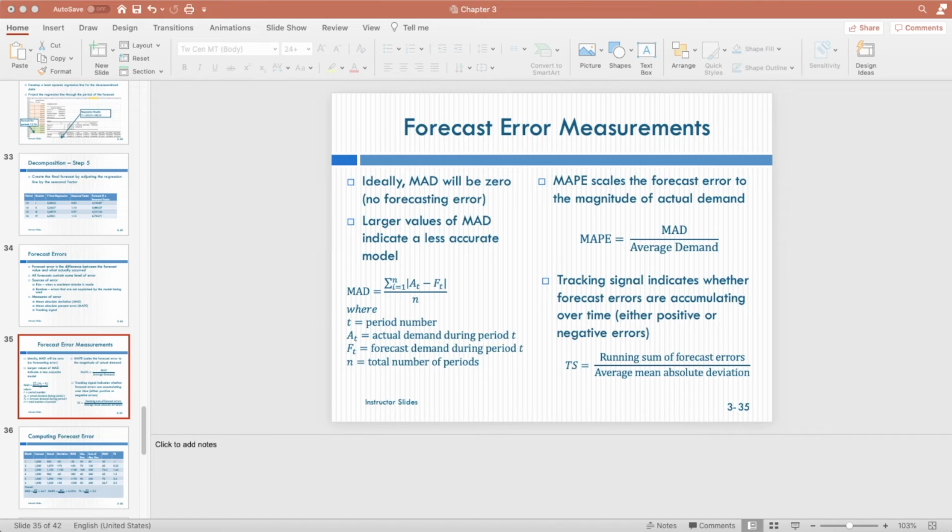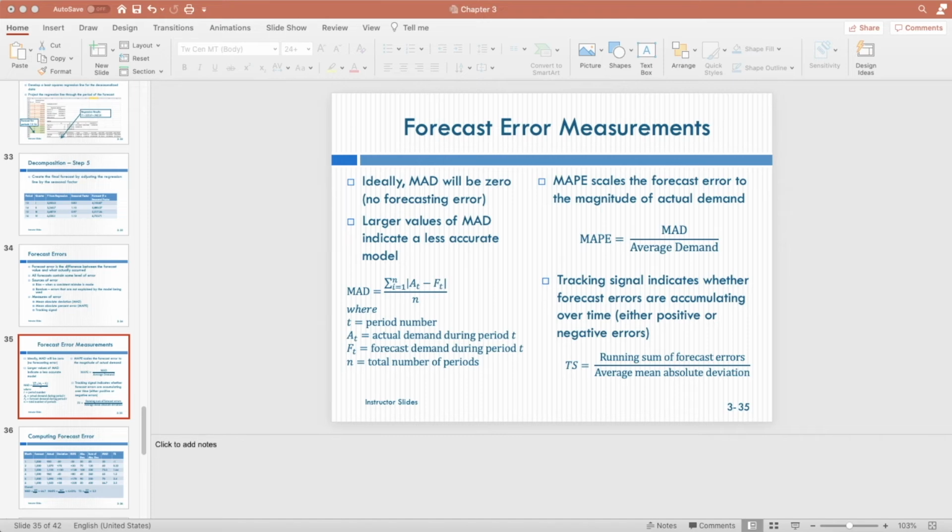Since this measures the forecast error, when this value becomes larger, your forecast error is larger. And if it's above an accepted level, you should be cautious, because you want your forecast to be as accurate as possible.